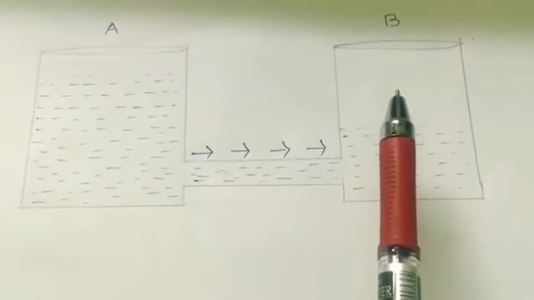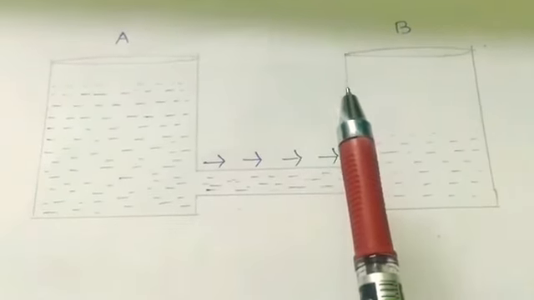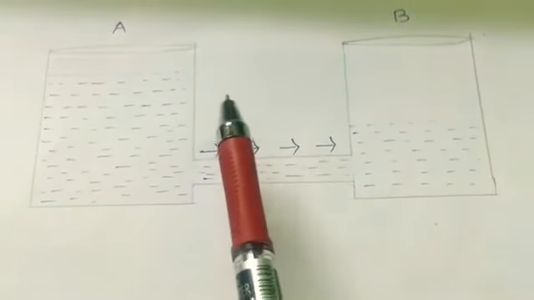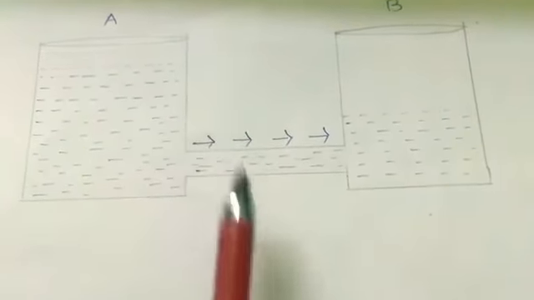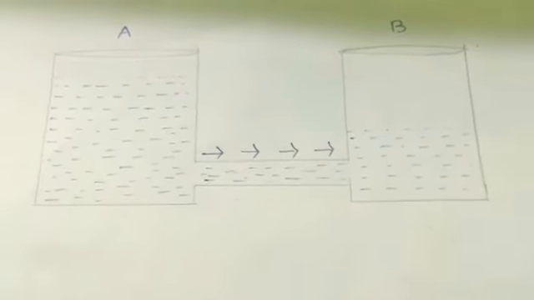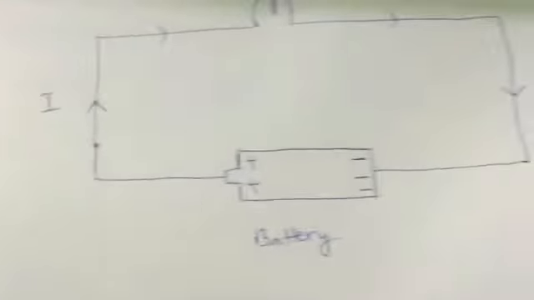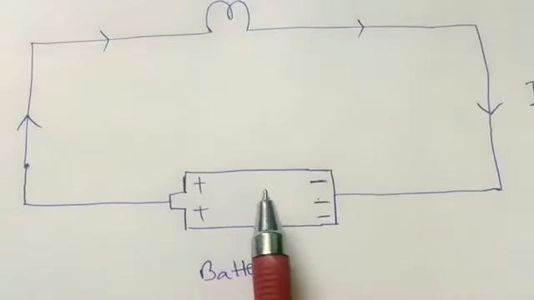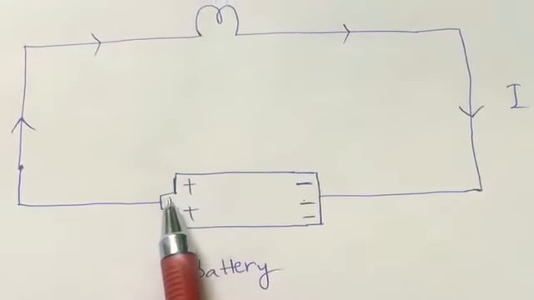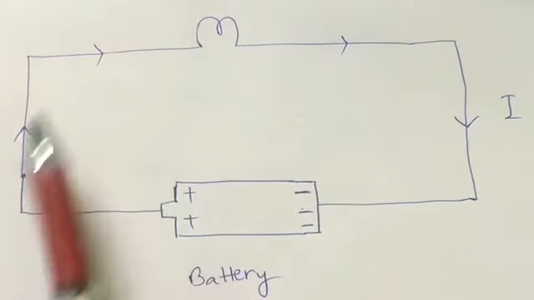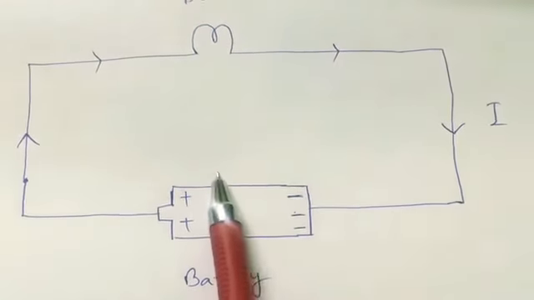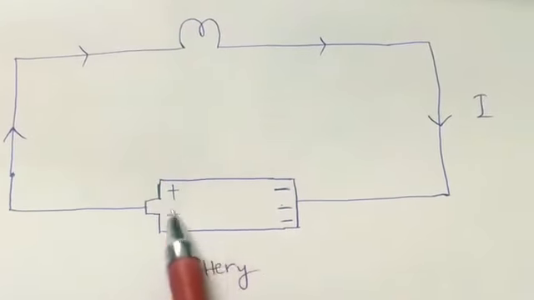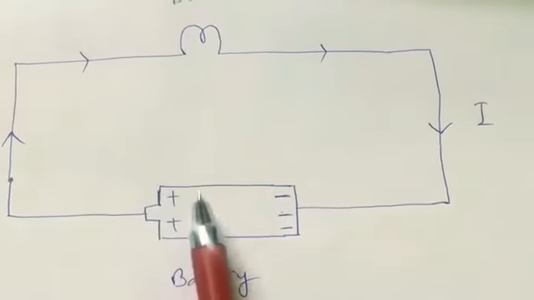Similarly, if you imagine that a waterfall actually falls from the high line to the low line, isn't it? In the same way the current, you see, suppose here the positive charge was moving from here to here. Now this portion is the high potential of positive charge.